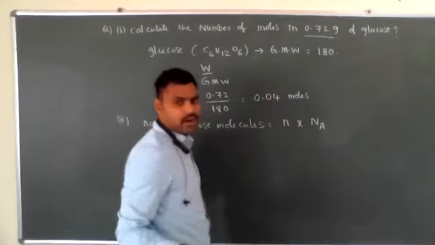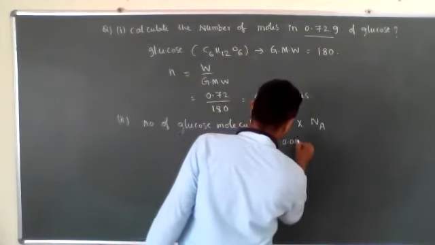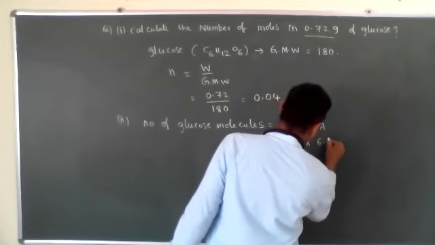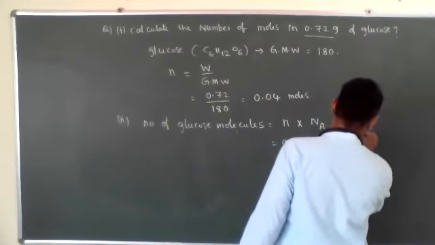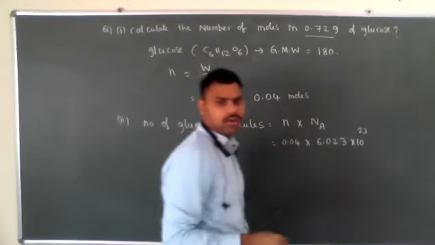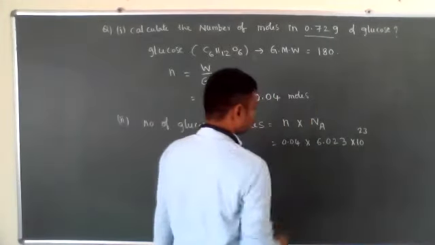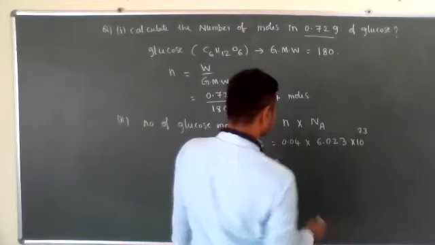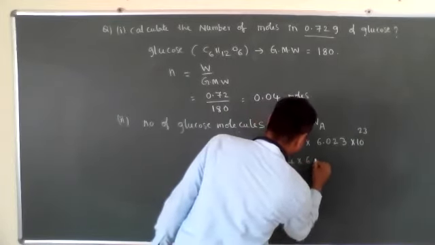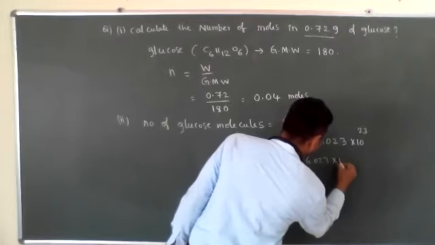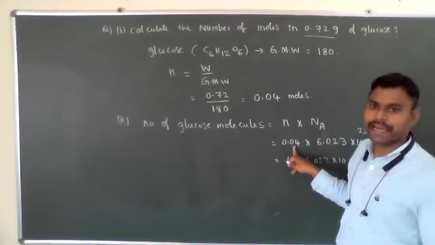How many moles did we get? Substitute that. 0.04 into approximately 6.023 into 10 to the power of 23, the Avogadro number. So 0.04 is nothing but 4 into 10 to the power of minus 2.